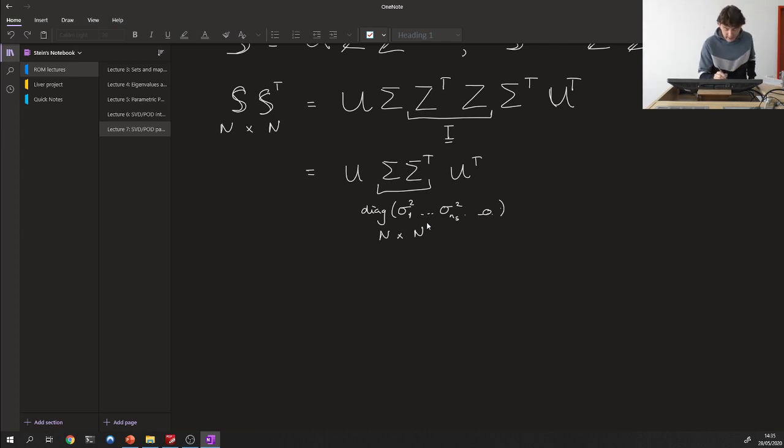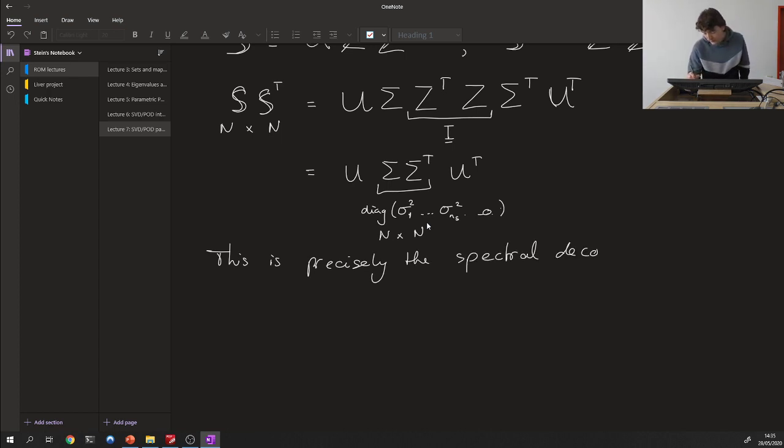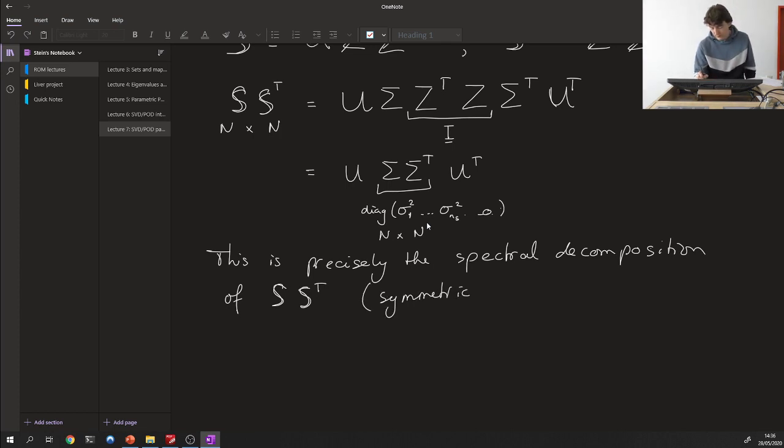Yeah, so how do we recognize this? Well, this is precisely the spectral decomposition of the symmetric matrix S S transpose. Clearly, if you multiply a matrix by its own transpose, it becomes a symmetric matrix. Yeah, so again, this is symmetric and square.